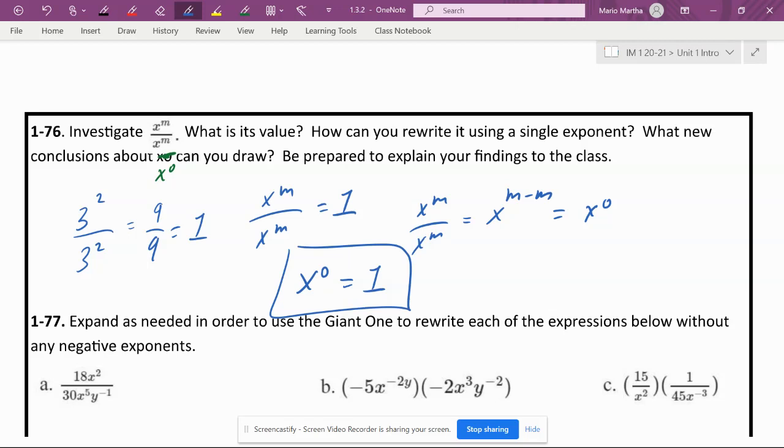So any number, any base, with a 0 exponent is always equal to 1.